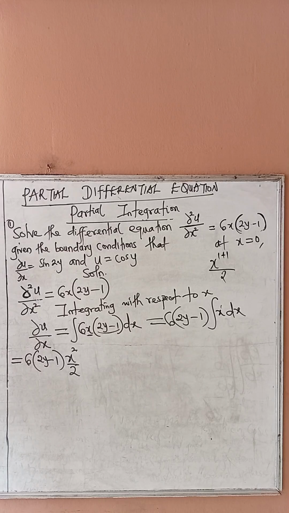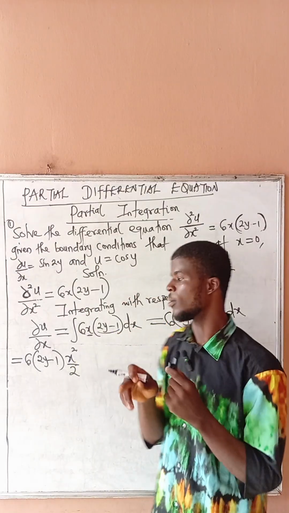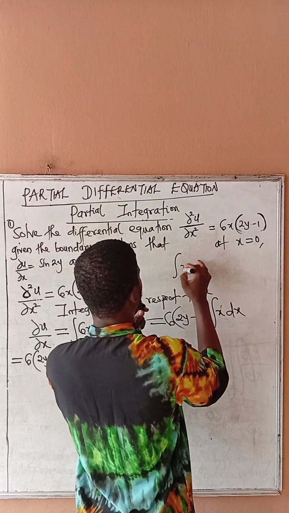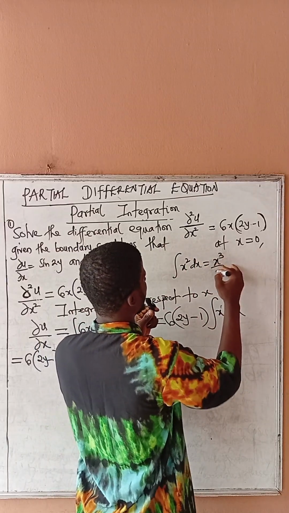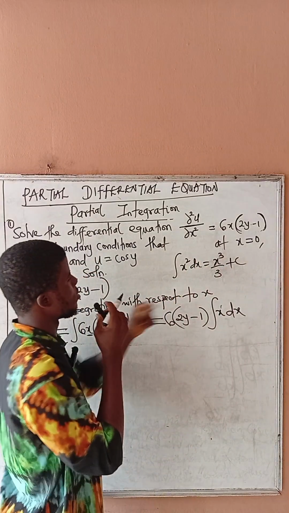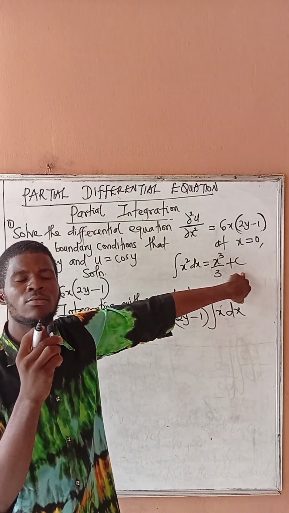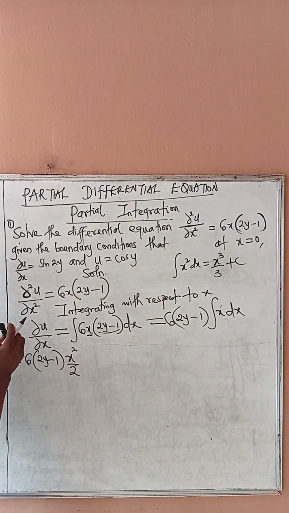Now, when we perform integration, we normally add a constant of integration. That is for total differential. If I do the integral of x squared dx, it is x cubed over 3 plus c, where c is the constant of integration. That is when we are doing total differential. But for partial differential, we don't add a constant of integration.